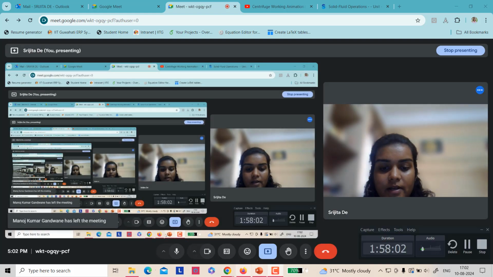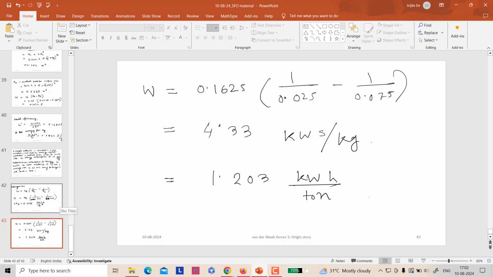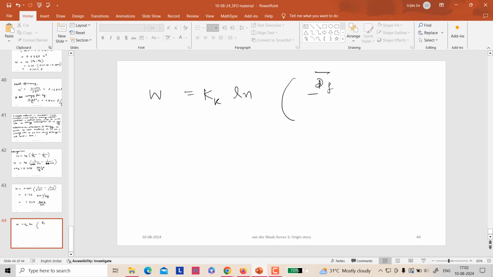Next, we will do the same problem with Kick's law. So in Kick's law, the energy consumption is Kk ln ratio of feed diameter by product diameter.